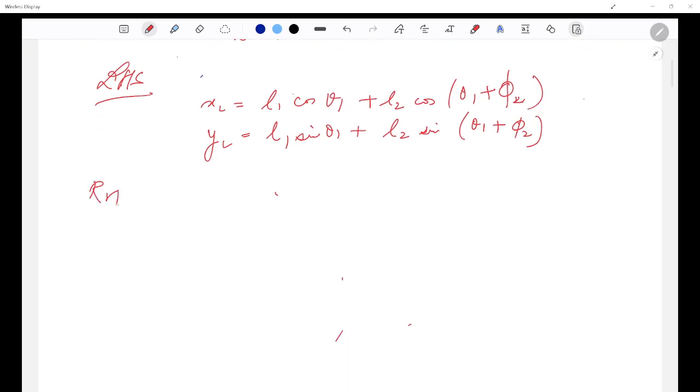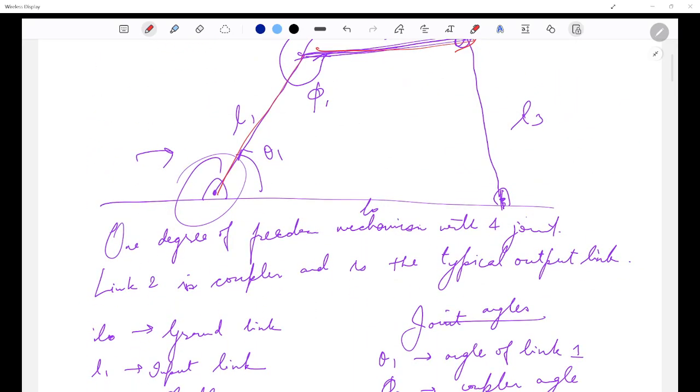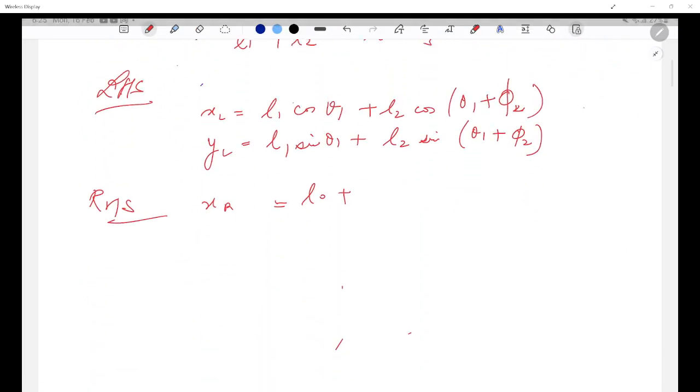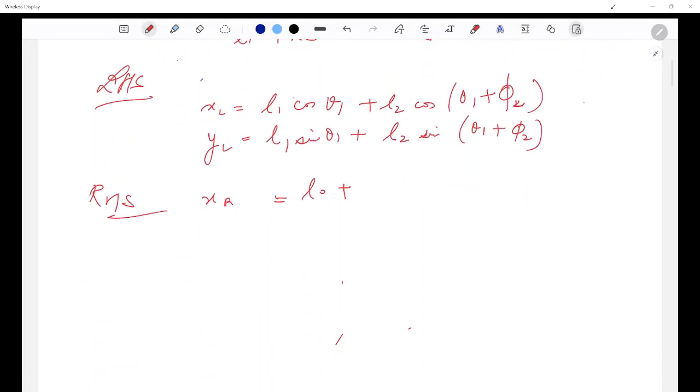For the RHS, XR is equal to L0, because it is just this link L0, and it does not have any component because we assume the axis to be along it. So L0 plus L3 cos phi 1, and YR is equal to L3 sin phi 1.